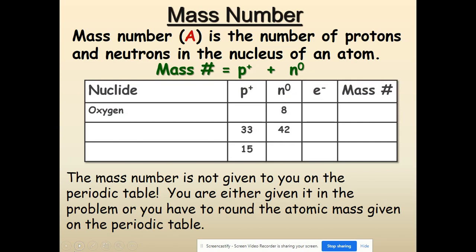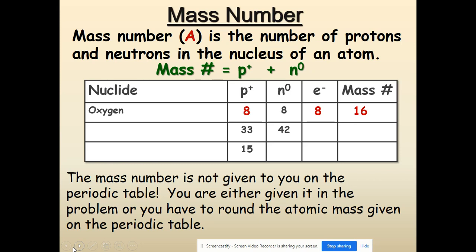If we look at oxygen, if we're talking about the isotope that has 8 neutrons, we know from the periodic table it has 8 protons. Since it's neutral, it will also have 8 electrons. The mass number would be the protons plus the neutrons, and that's going to be 16.